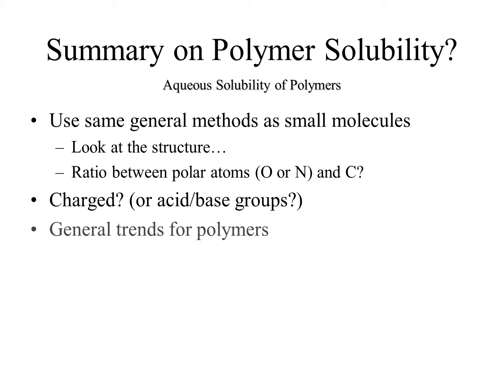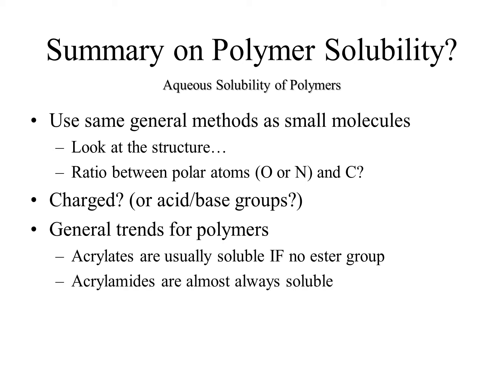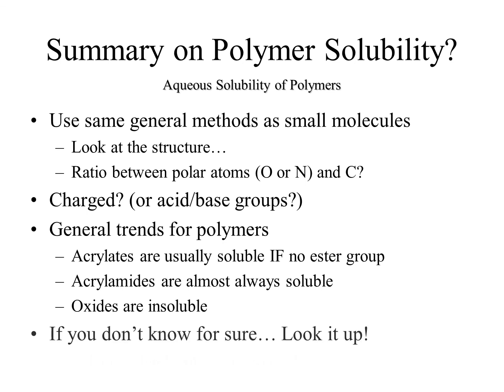For polymers specifically, some general trends include: acrylates are usually soluble, if there is no ester group, just acid groups. Acrylamides are almost always soluble, even when methylated. Oxides are insoluble, with the exception of polyethylene oxide, of course. However, if you are at all unsure, check out the Polymer Handbook to find out for certain.